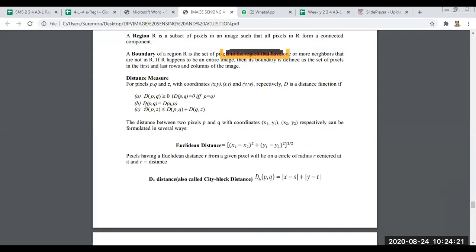Next, d of p comma q is equal to d of q comma p. That shows that the distance between p and q is the same as the distance between q and p.